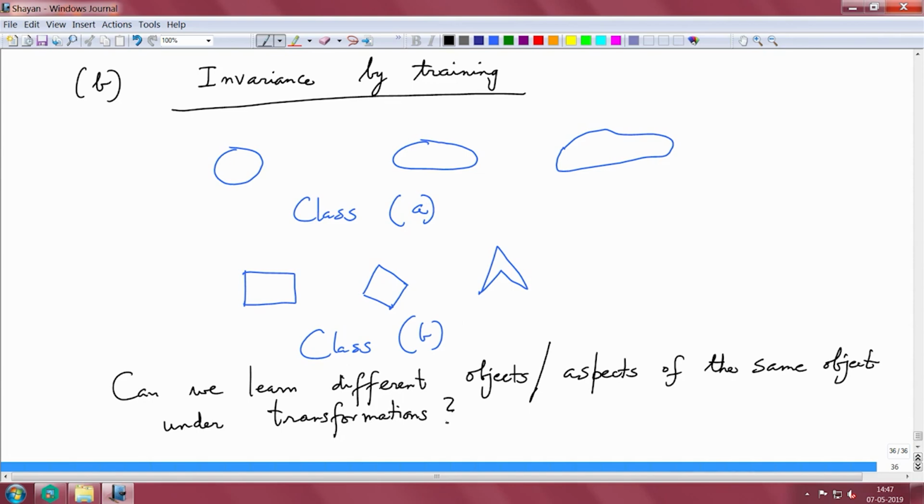So, can we learn different objects or aspects of the same object under transformations?